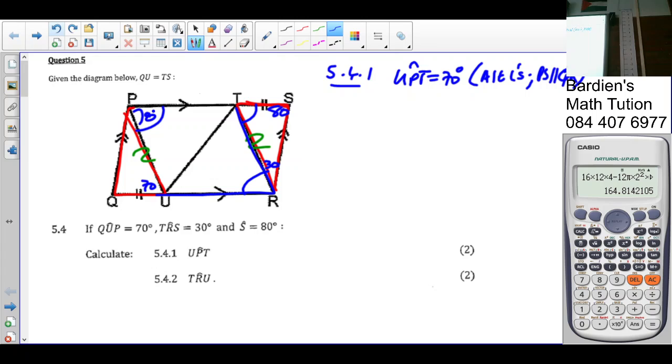How are we going to work out STR? Interior angles of triangle TSR. But there's another way of doing it. Corresponding. Yes, it's corresponding. But we have to first prove that these lines are parallel. So not corresponding at this stage.